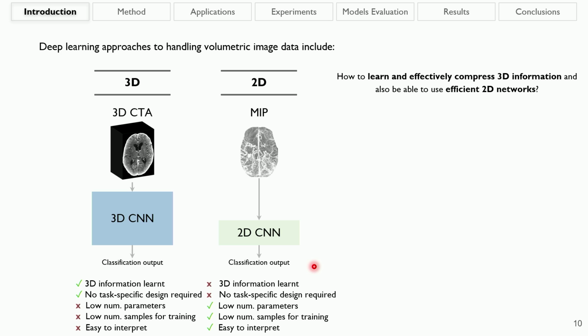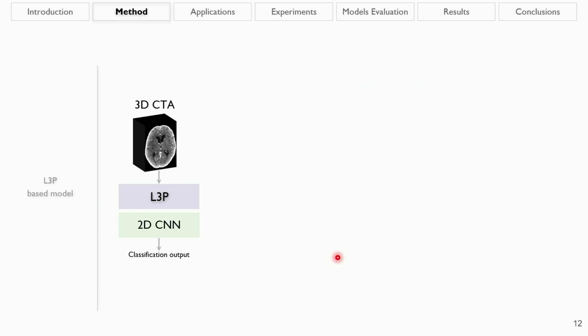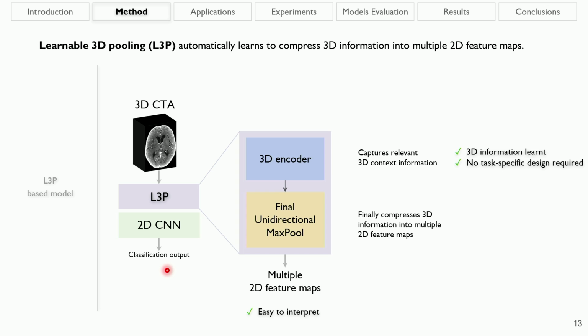So how can we learn and effectively compress the 3D information and also be able to use efficient 2D networks? In this work, we propose learnable 3D pooling to tackle these issues. Let's see our method in more detail. So we have the 3D input brain image, our L3P module, followed by a 2D lightweight CNN, which generates the classification output.